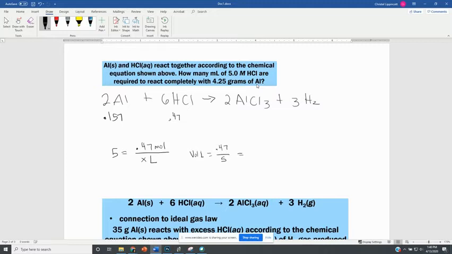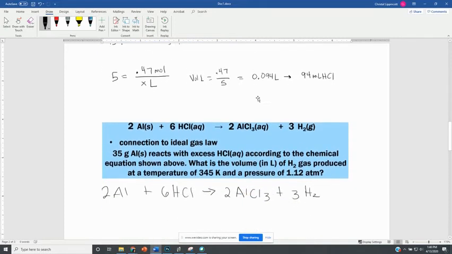And when we do that, we end up with 0.094 liters of HCl, which would give us 94, and I guess it would be 2 sig figs, so 94 milliliters of HCl would be required for that reaction.